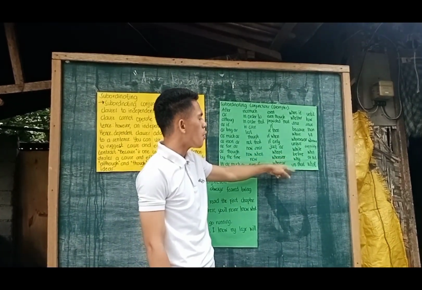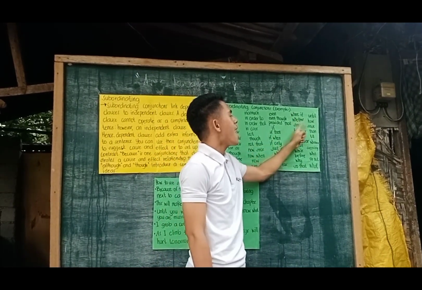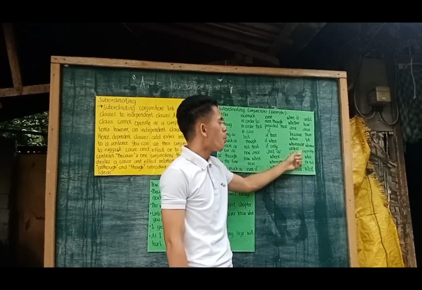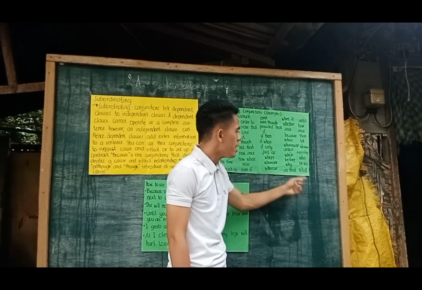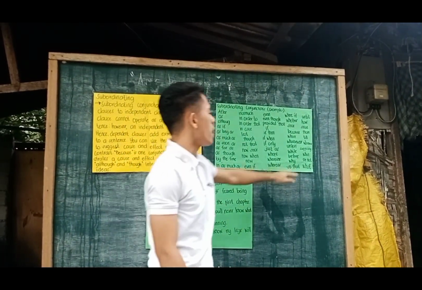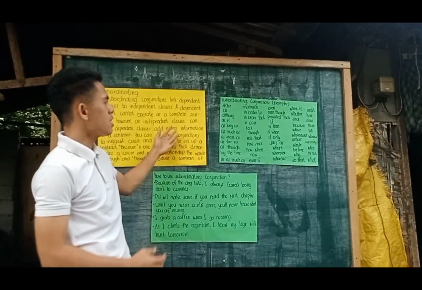We have while, before, why, so that, until, how, then, till, whenever, supposing, whether or not, and lastly, what. So here are the examples of subordinating conjunctions.